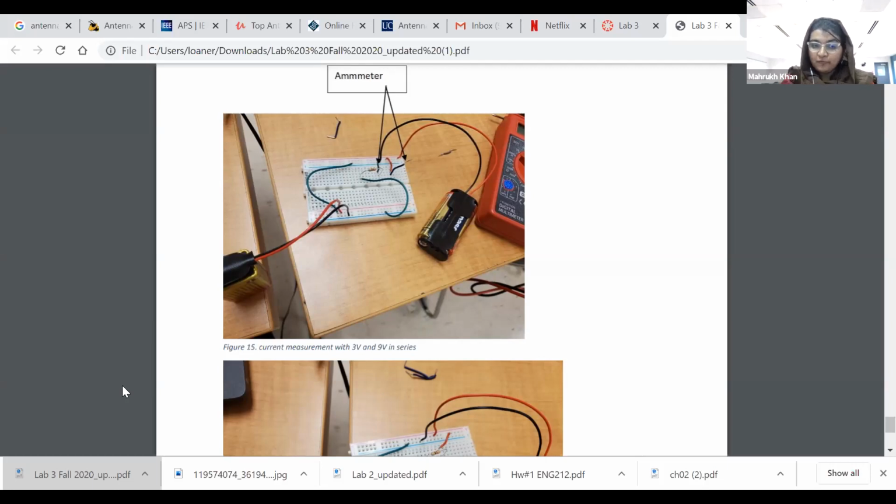If it is your own fault, how can you check that? If the battery is heating up after putting your leads in the breadboard, then the chances are that it's your own fault. If you have not put it anywhere else and they are just sitting here and heating up, then the chances are that this is faulty.